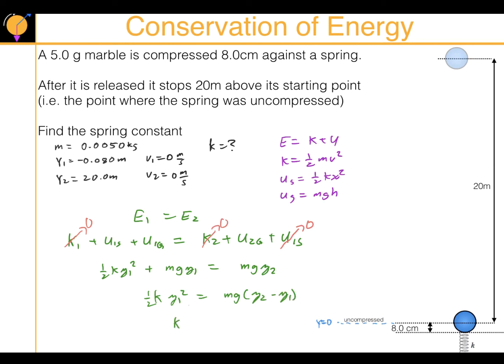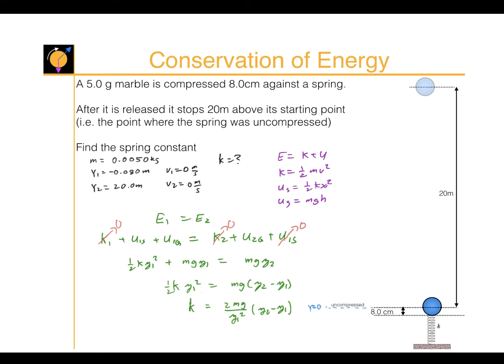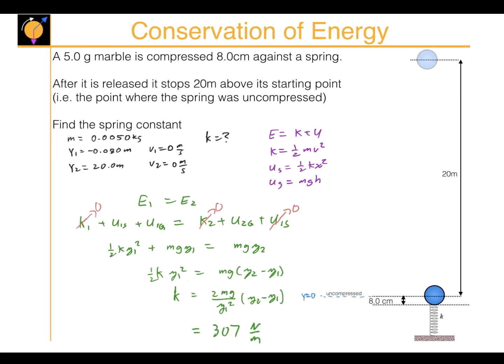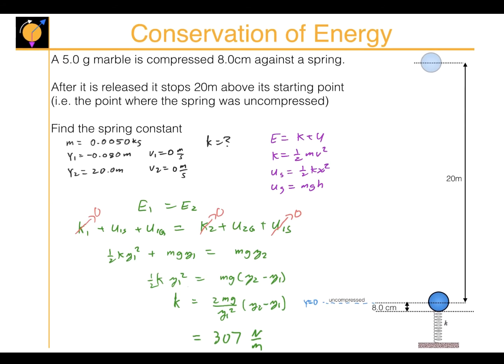So solving for k, which is the spring constant, I get 2 mg over y1 squared times y2 minus y1. And when I plug in all the numbers into that, I get approximately 307 newtons per meter. So that is the strength of this spring for this particular situation.